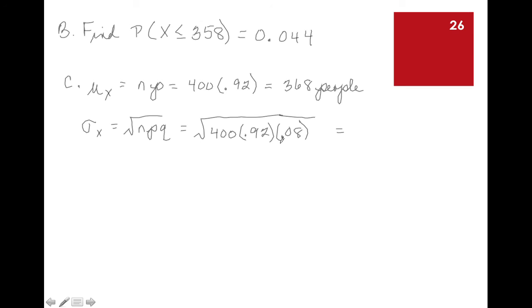Just when you type that in, make sure you're doing the square root of all those multiplied together. Just watch your parentheses. And you should be getting 5.426, I guess. Or 4.3 if you just round there, that's fine.